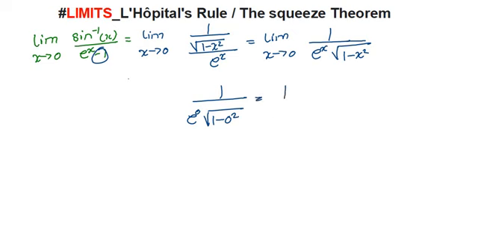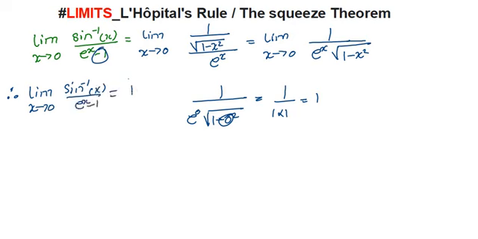This is simply 1 over e to the 0, which is 1, multiplied by the root of 1, which is still 1, so you're going to get 1. Therefore, the limit as x approaches 0 of sine inverse of x divided by e to the x minus 1 is equal to 1, and that's our answer right there.